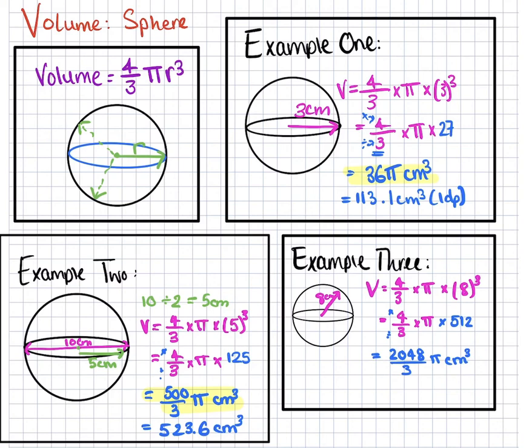And if I want this as an exact answer, I would stop here. But if I want it as a rounded answer, then I would type it into my calculator, and in this case, I would end up with 2,144.7 centimeters cubed. Don't forget your units.